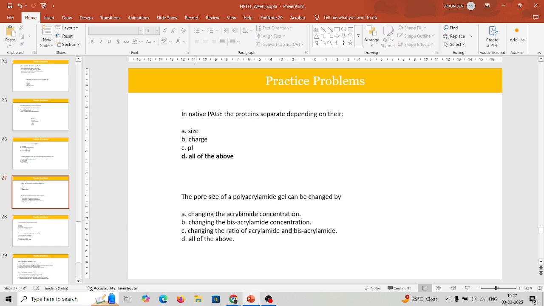Okay, the pore size of a polyacrylamide gel. How can you change the pore size of a polyacrylamide gel? Changing the acrylamide concentration, changing the bisacrylamide concentration, changing the ratio of acrylamide and bisacrylamide, all of the above.